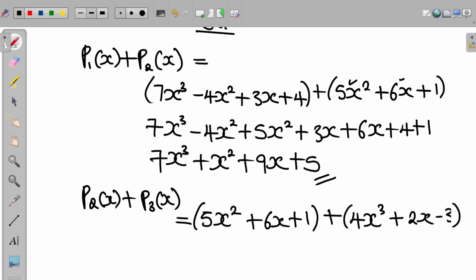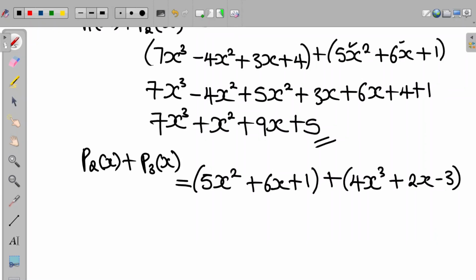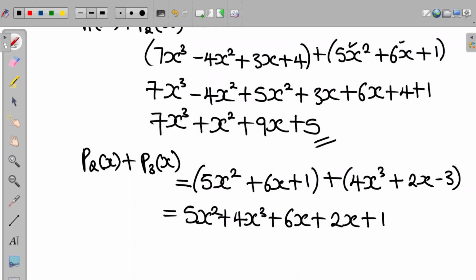So at this point, we add like terms, so this becomes 5x squared plus 4x cubed plus 6x plus 2x plus 1 minus 3.